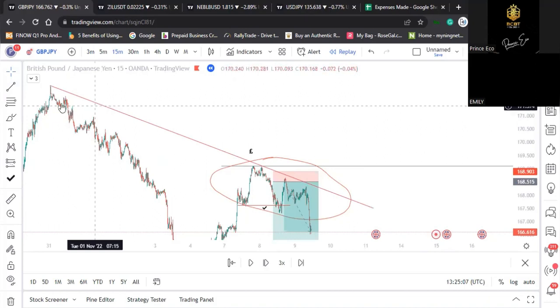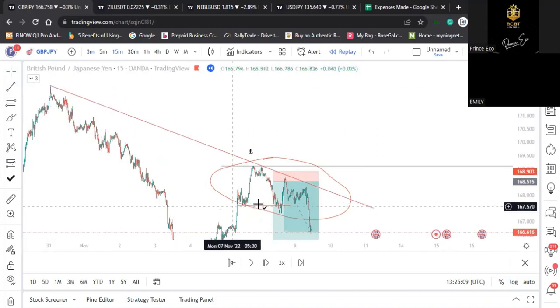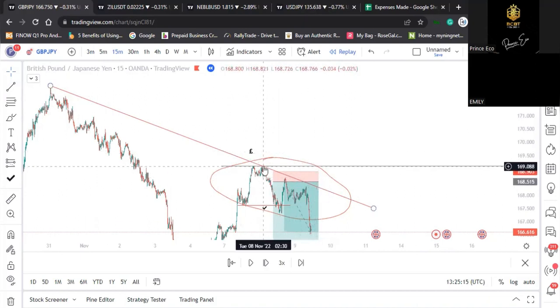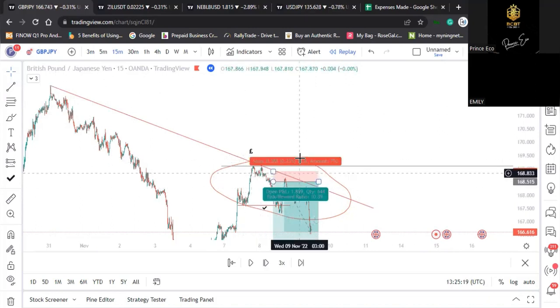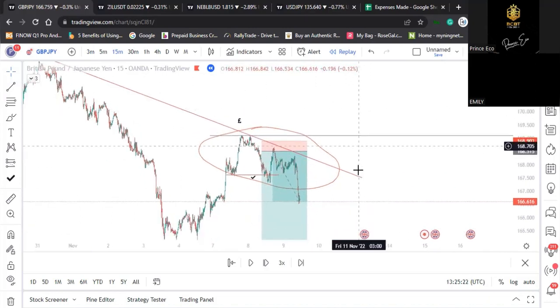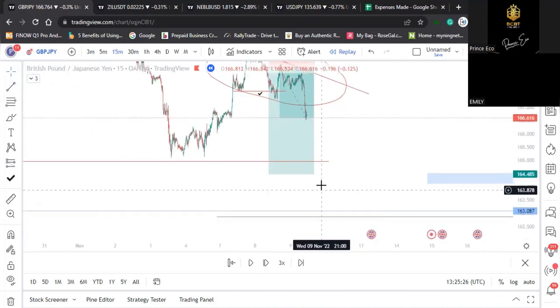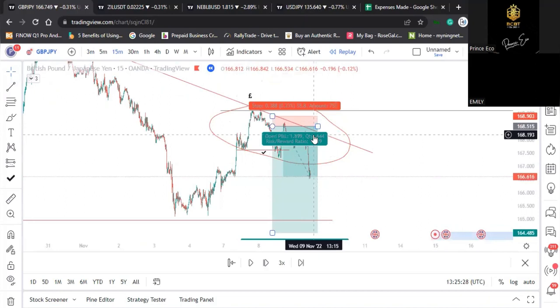Trend line one touch, second trend line touch. So this one has touched it: confluence one, Fibonacci two, psychological level three. So now we've taken our first profit here, right? Now my next target is this point. And I'm expecting another pullback, but I'm not opening another position. Let's see.